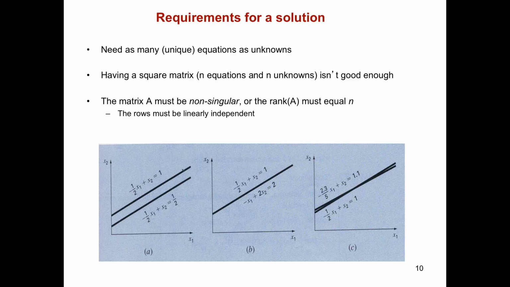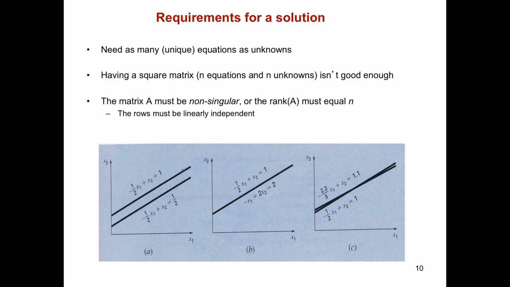Sometimes they're not parallel lines. Mathematically, there is a unique solution. But because they're nearly parallel, numerical algorithms, specifically because of rounding of the numbers and not precise representation of numbers in a computer, you might actually have trouble finding the solution.